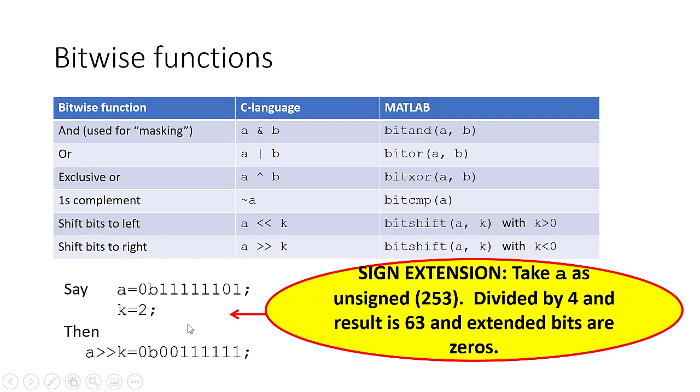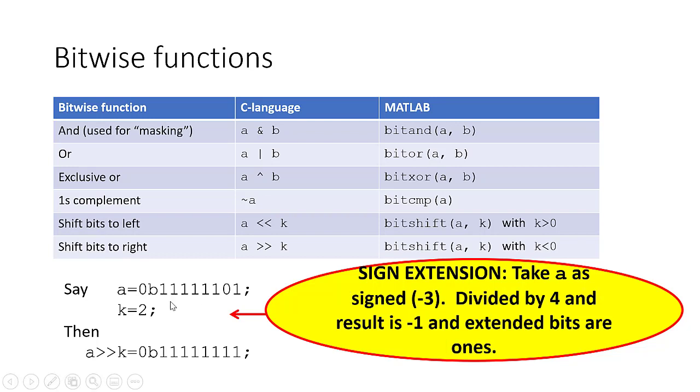And this is correct. So this would be an unsigned situation where the bit that comes in here is a 0 to give me the correct answer. The extended bits are 0 for an unsigned integer.